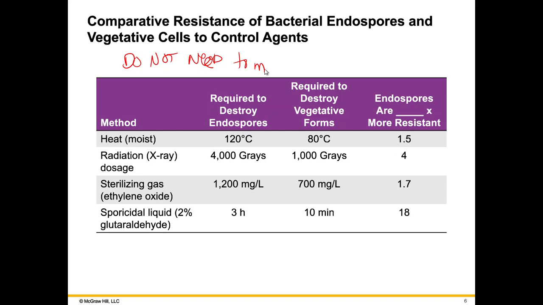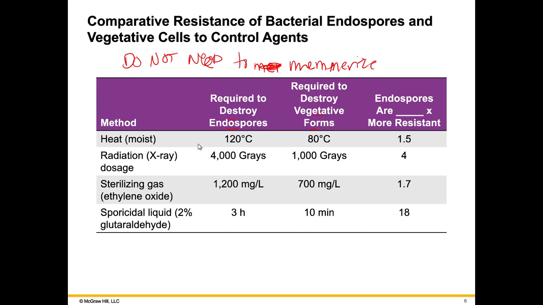Anyway, it talks about the various methods, some of which we've mentioned, like heat and radiation, sterilizing gas, and some kind of sporicidal liquid, specifically 2% glyceraldehyde. And it shows you what the requirements would be for each one to destroy endospores compared to vegetative forms.